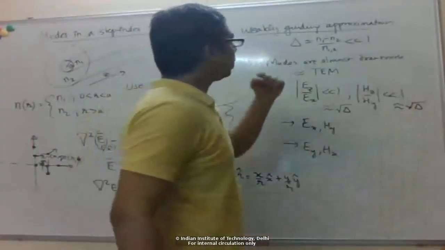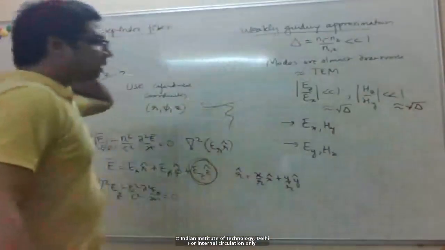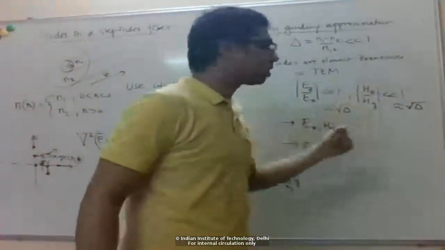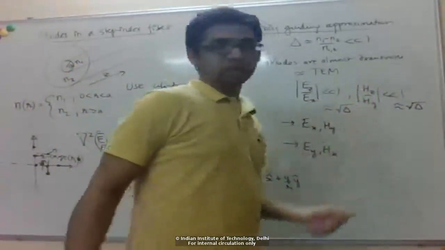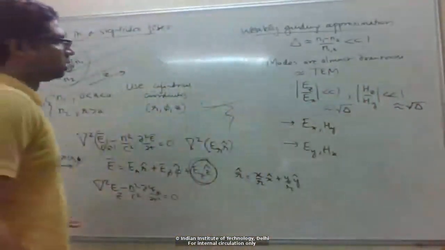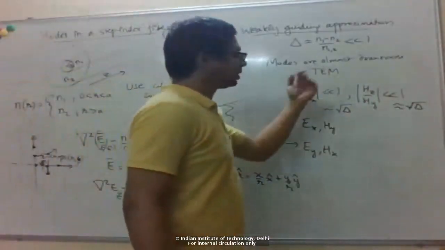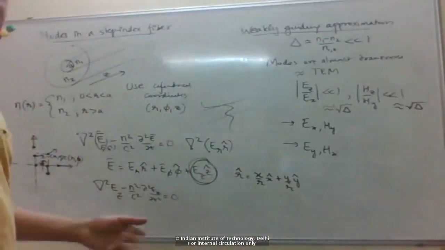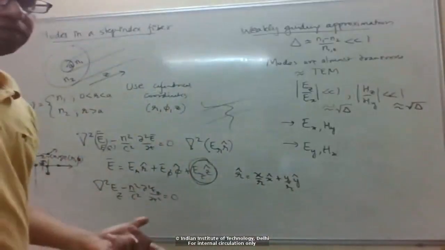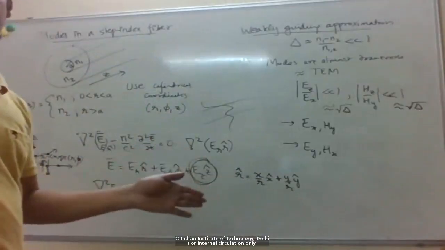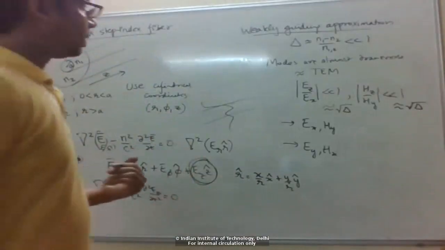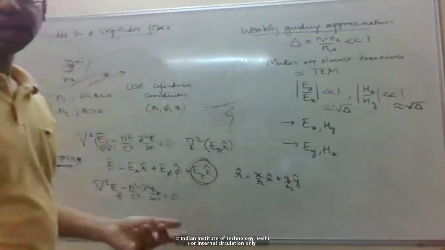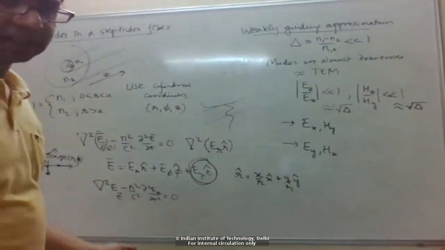So when delta is very small, 10 to the minus 3 or something, then we can neglect the longitudinal components in comparison to the transverse components, and in that approximation, it's approximately a TEM wave. It's not exactly TEM. So that's the statement: purely TEM waves can only travel in homogeneous media, but as soon as you have any structuring of the refractive index and any sort of waveguide, purely TEM waves cannot exist.